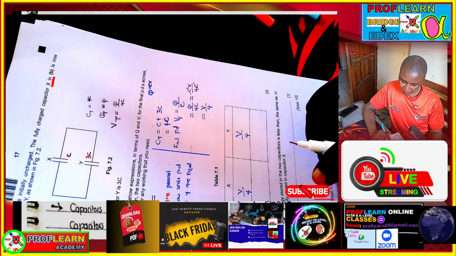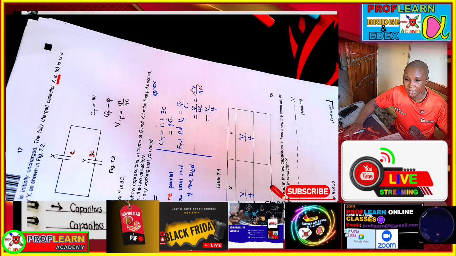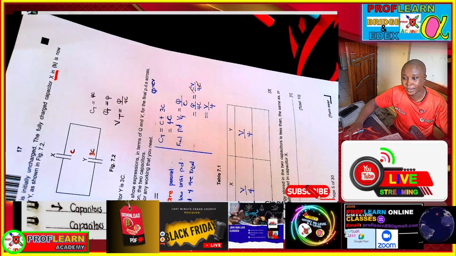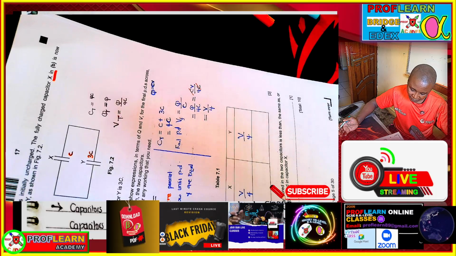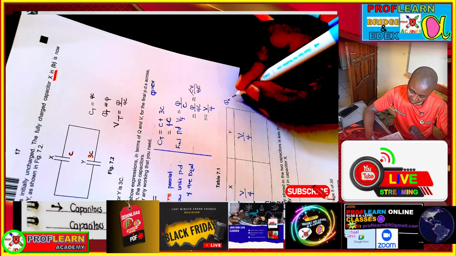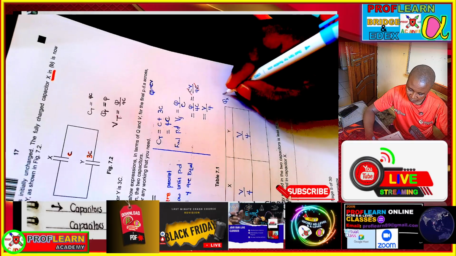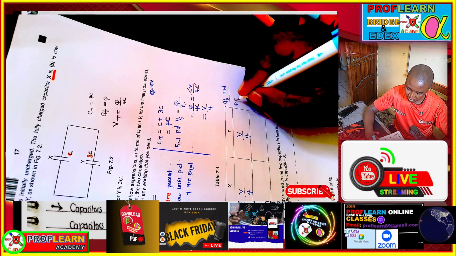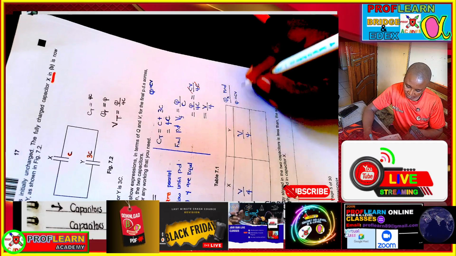The final charge for X, how are we going to go about that? Final charge for X is going to be the capacitance of X times the potential difference of X. Remember, charge is equal to CV. What is the final PD for X? It is V over 4.